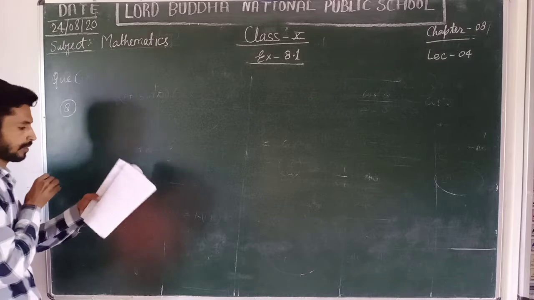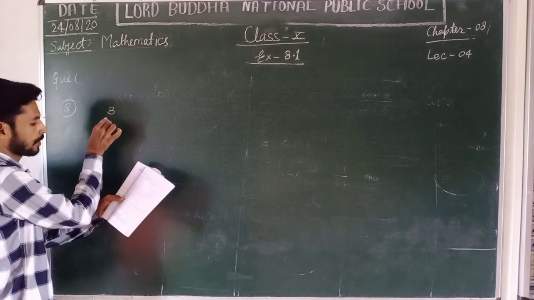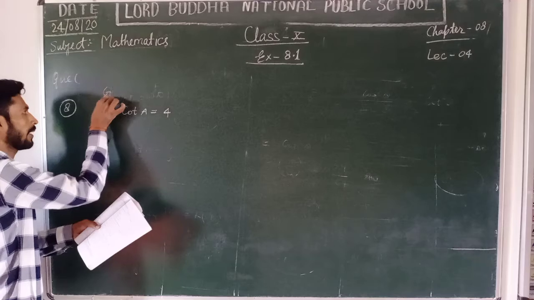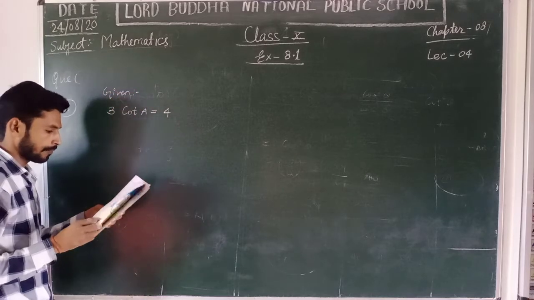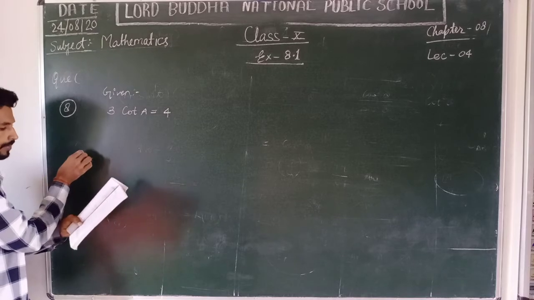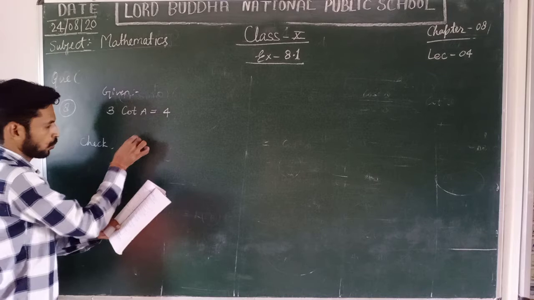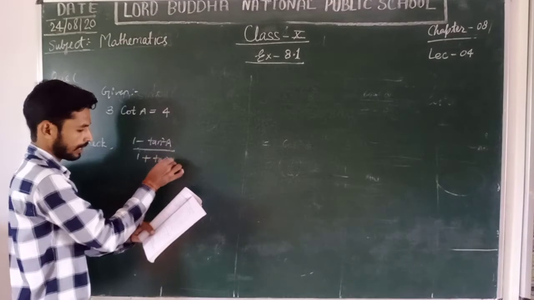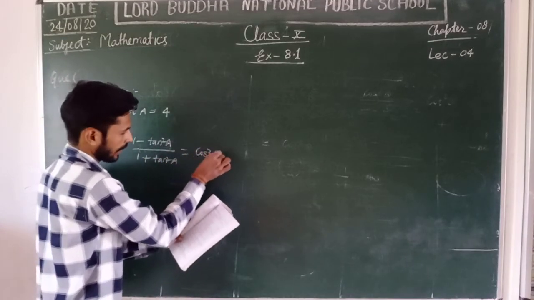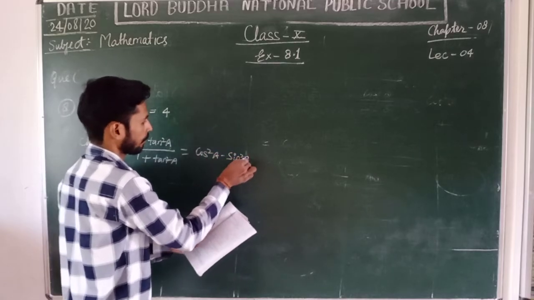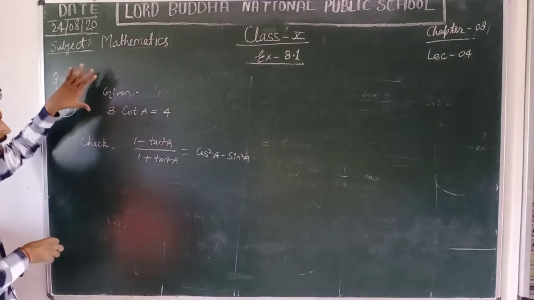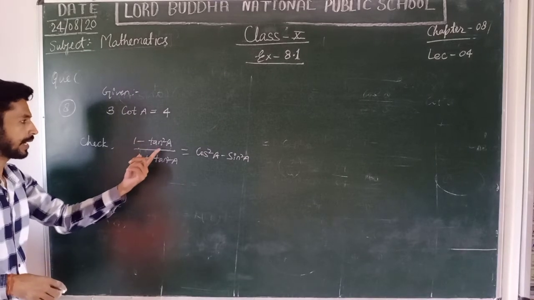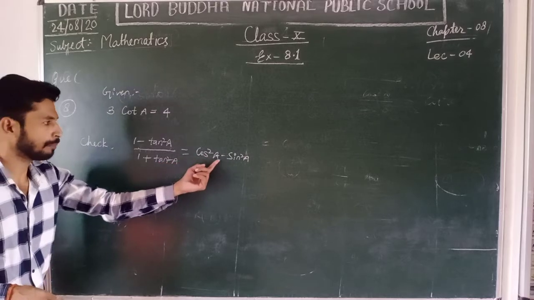In question number 8, it is given that if 3 cot A is equal to 4, then check that 1 minus tan square A upon 1 plus tan square A is equal to cos square A minus sin square A. In this question 3 cot A equals 4 is given and we have to prove that 1 minus tan square A upon 1 plus tan square A equals cos square A minus sin square A.